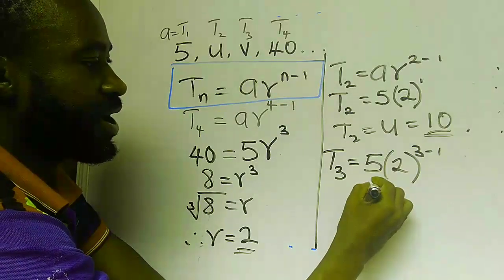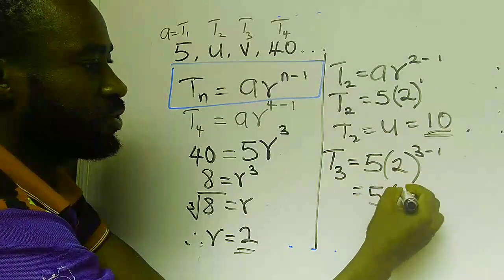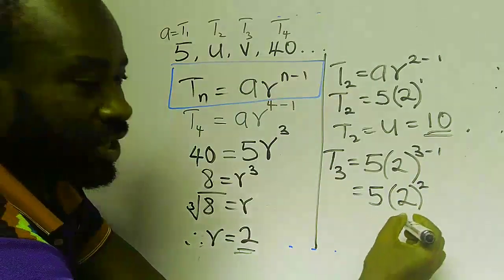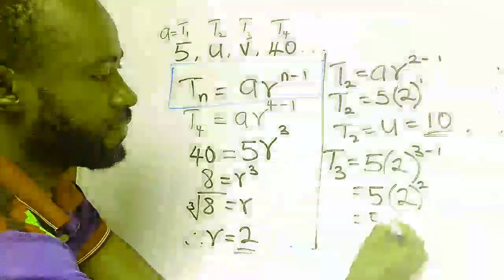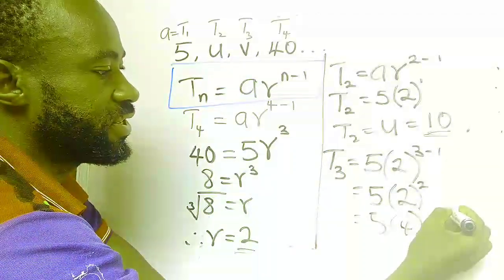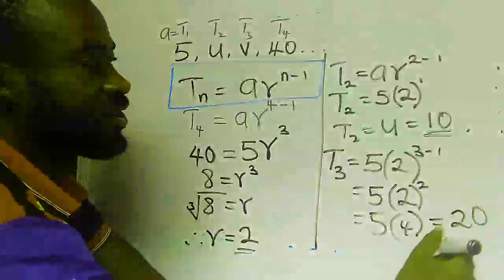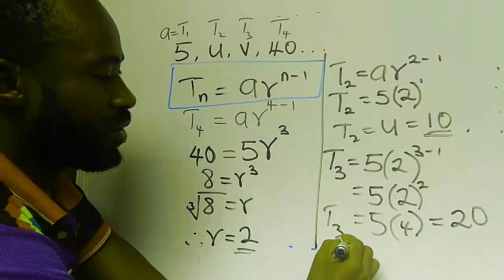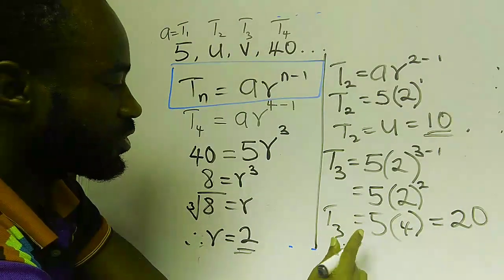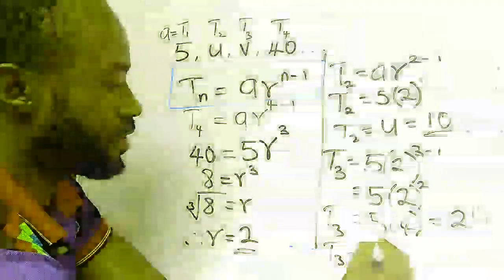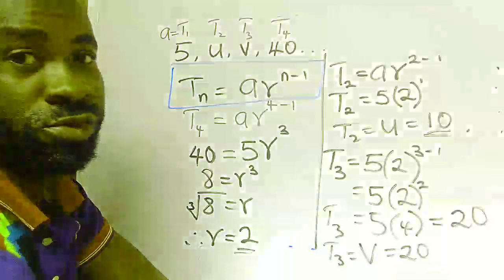So I'm having 5 into 2, 3 minus 1 is 2, so that we'll be having 5 into 4. And the answer is what? 5 times 4, that's 20. Which means that our T3, which is also the same thing as our V, is equal to 20.